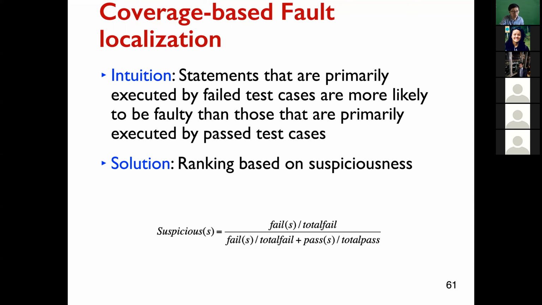Okay, the solution is we rank the lines in the source code based on their suspiciousness. How do we define the suspiciousness? It is described in this equation and this formula, right?